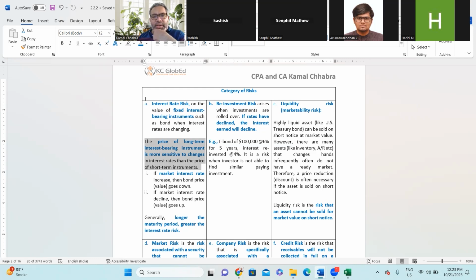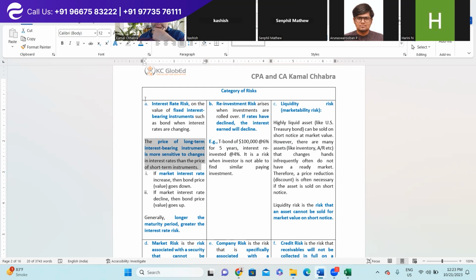If the rate has declined, then interest earned will decline. If the rate increases, then interest earned will increase. For example, there is a treasury bond of $100,000 at the rate of 6% for 5 years, and the interest is reinvested at the rate of 4%.